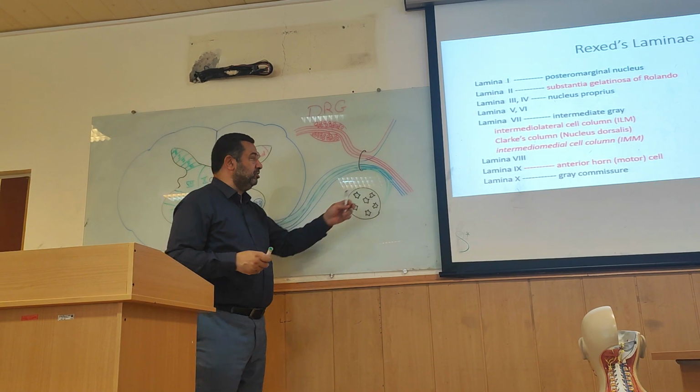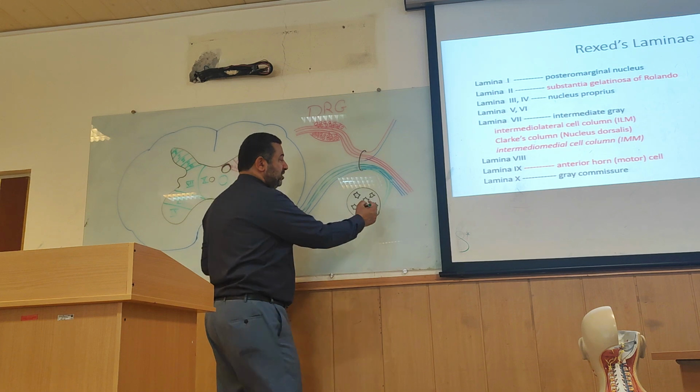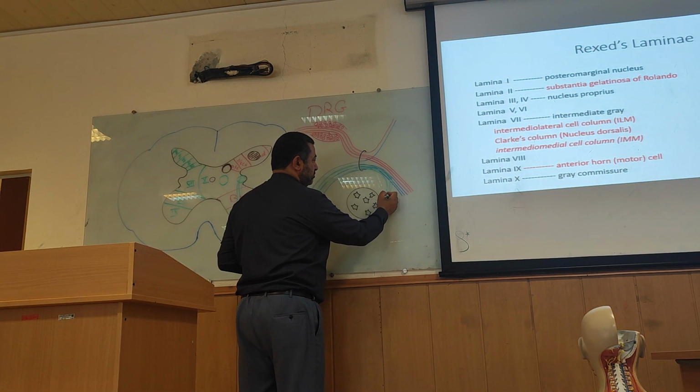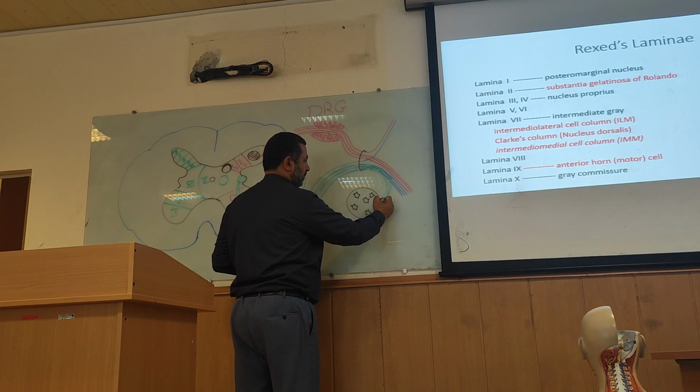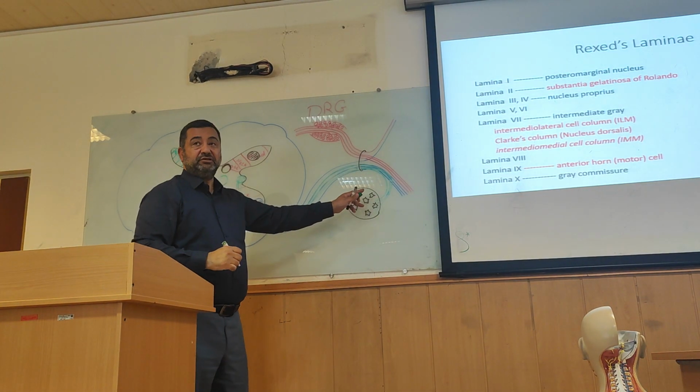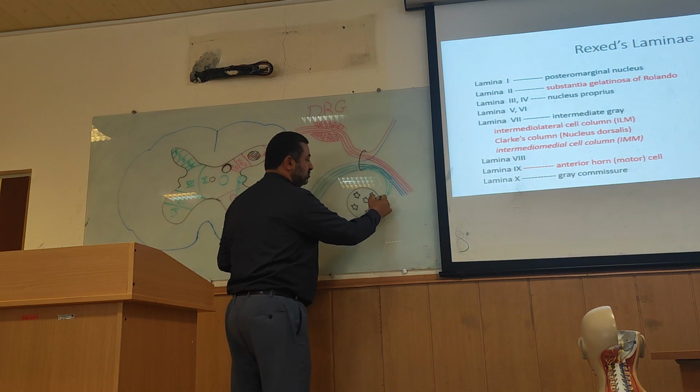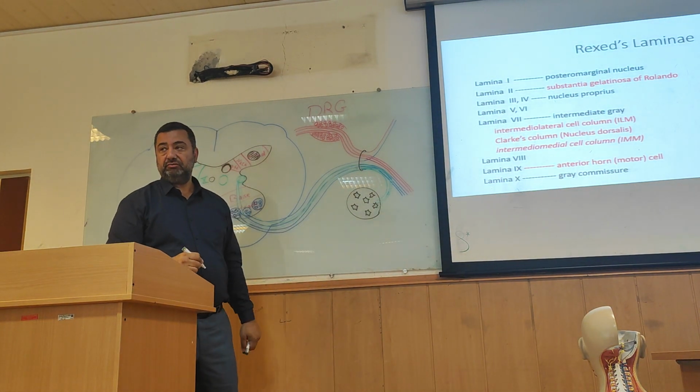These preganglionic fibers enter into the ganglion. Some preganglionic fibers make synapses with neurons of this ganglion.